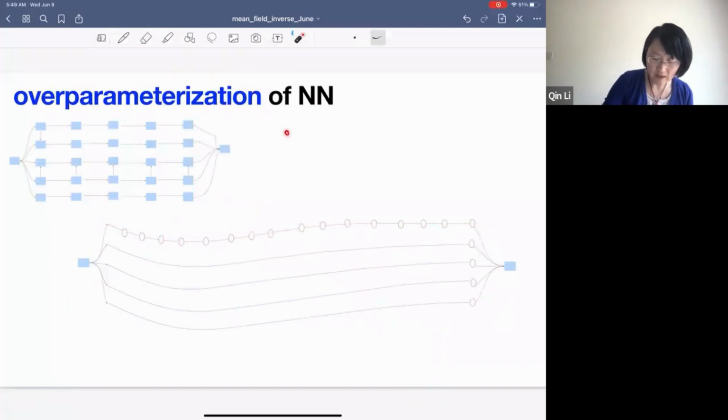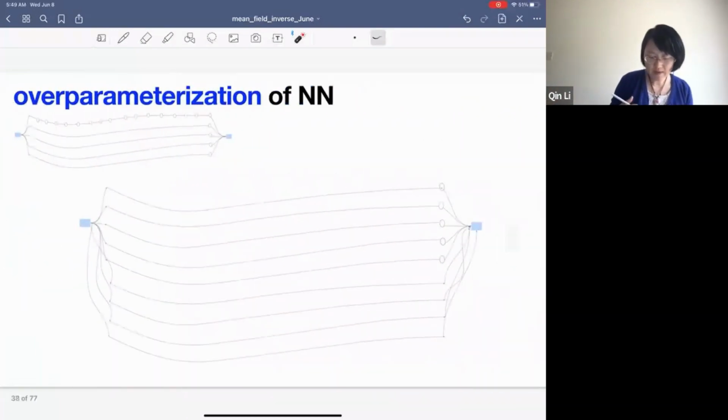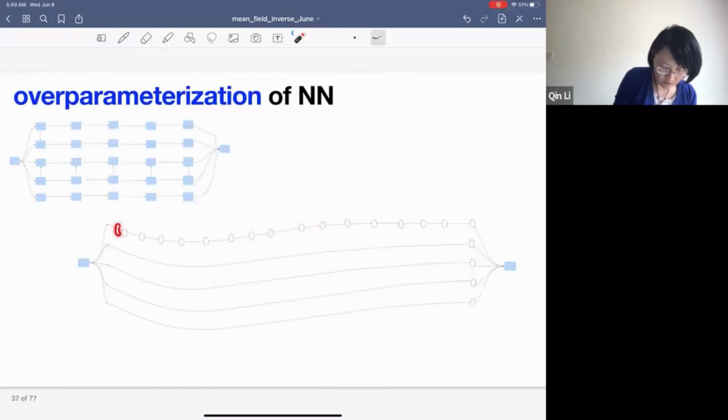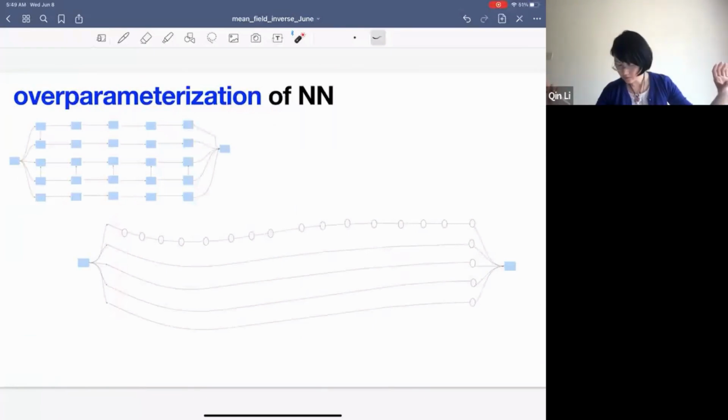So this is to send the number of layers to infinity. If the number of layers goes to infinity, you have a continuous flow of neurons. And then we can send the so-called mean field limit. Over here we have 1, 2, 3, 4, 5 flows of neurons.